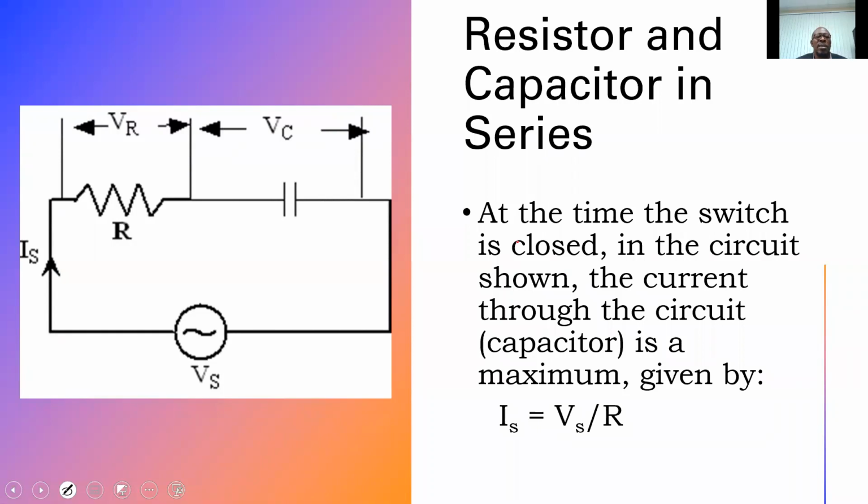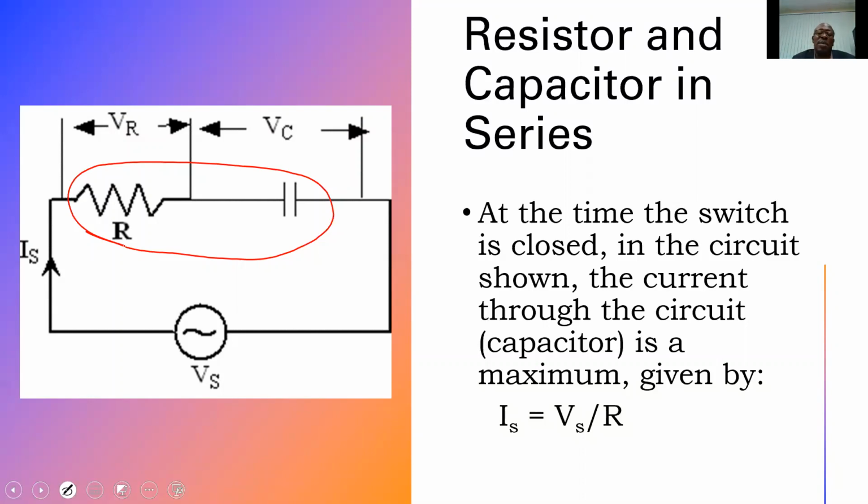Now, when we connect a capacitor and a resistor together, as shown in our circuit, we're dealing with a series circuit. At the time we close the switch, the current through the circuit, which, since it's a series circuit, is also the current through the capacitor, will be a maximum.